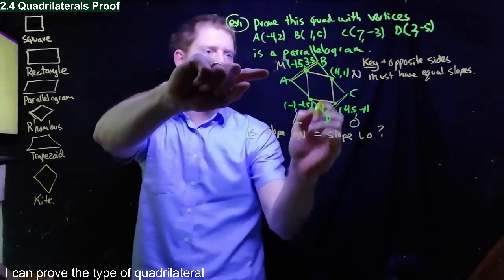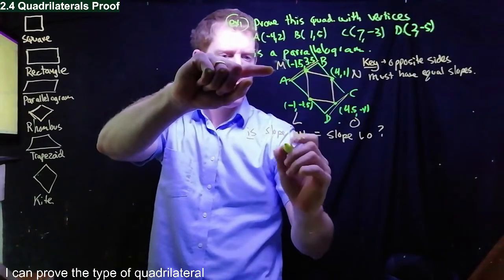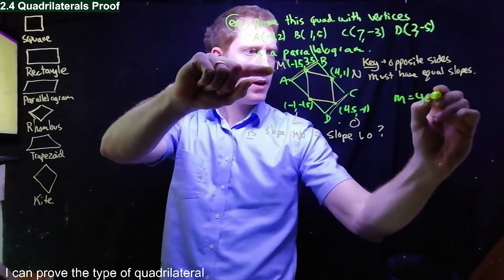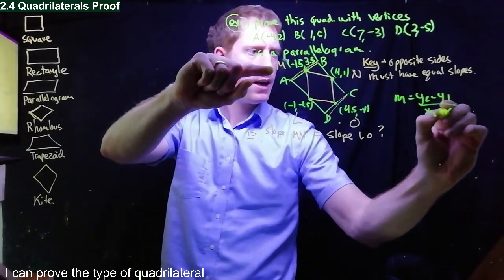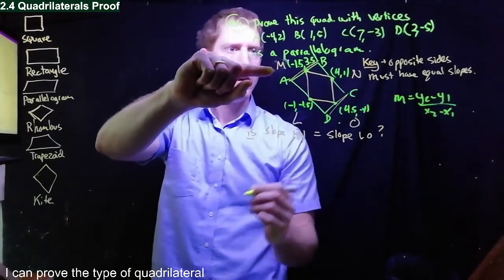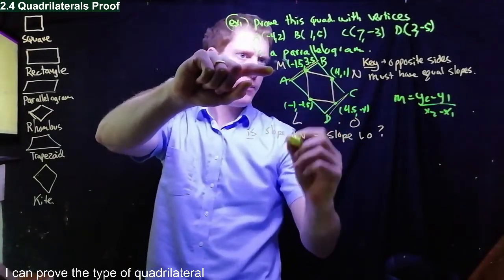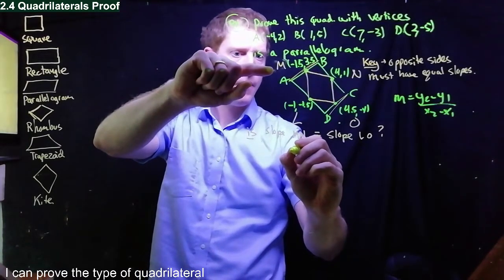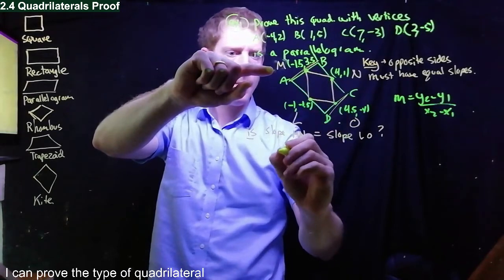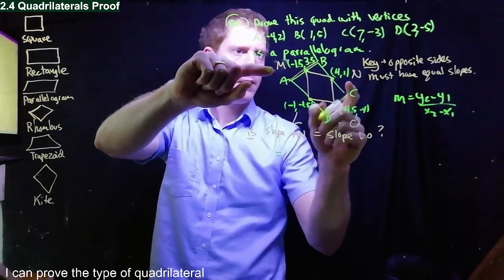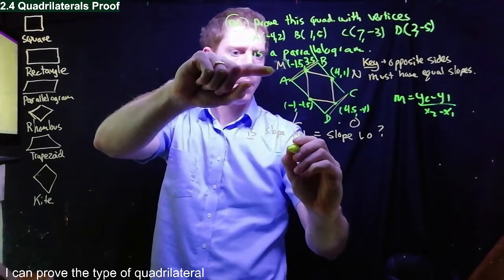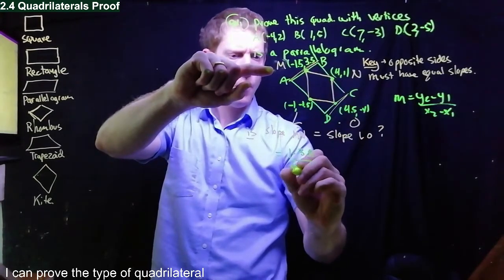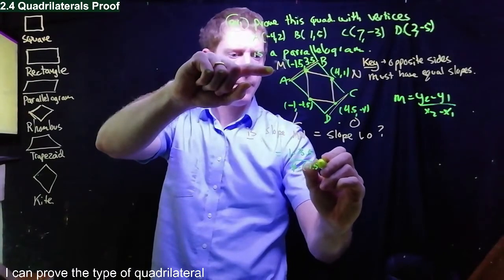So slope MN is going to be, remember, slope is equal to y2 minus y1 over x2 minus x1. So we can have the difference in our y's. Slope MN is going to be 1 minus 3.5 divided by 4 minus 1.5.